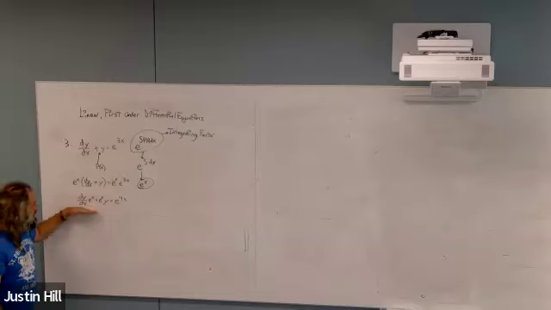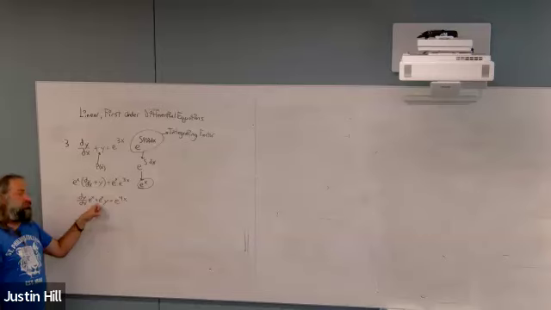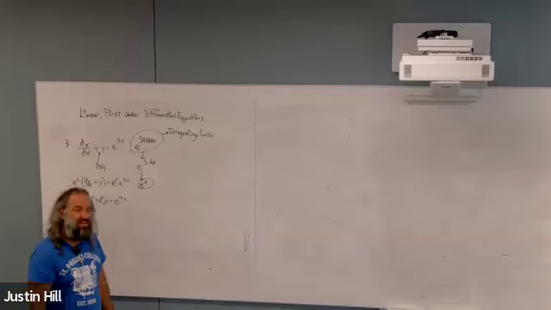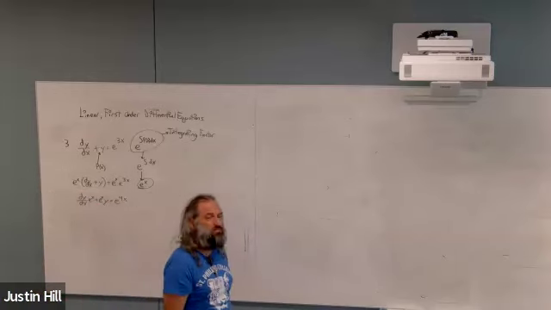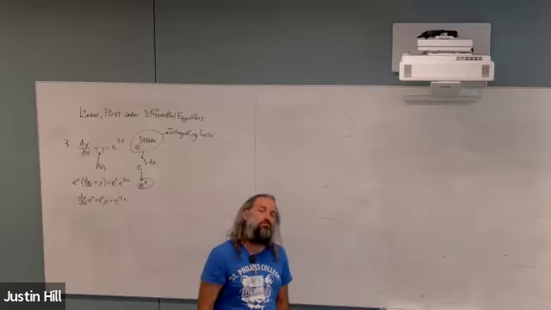So what I'm saying is the setup looks like function one times the derivative of function two plus function two times the derivative of function one. And that sounds like the product rule for derivatives.